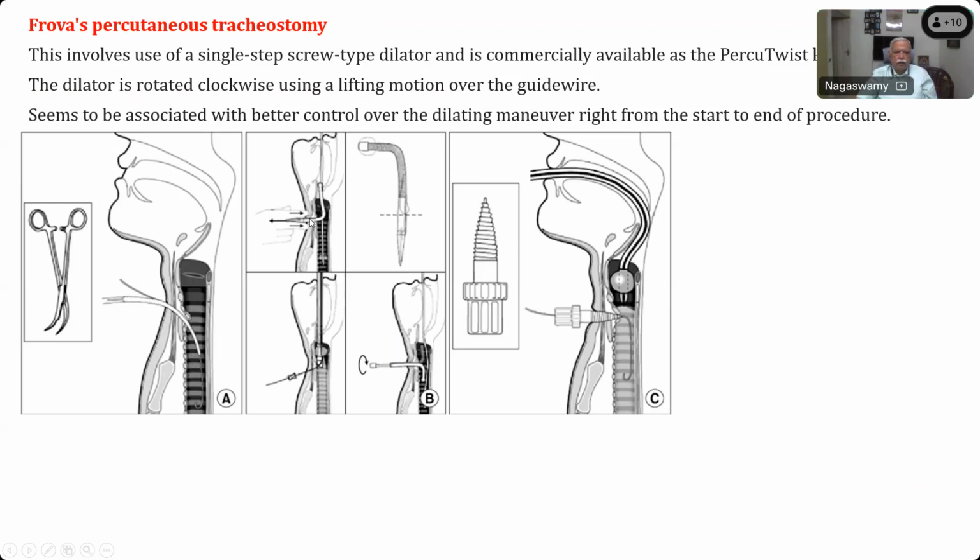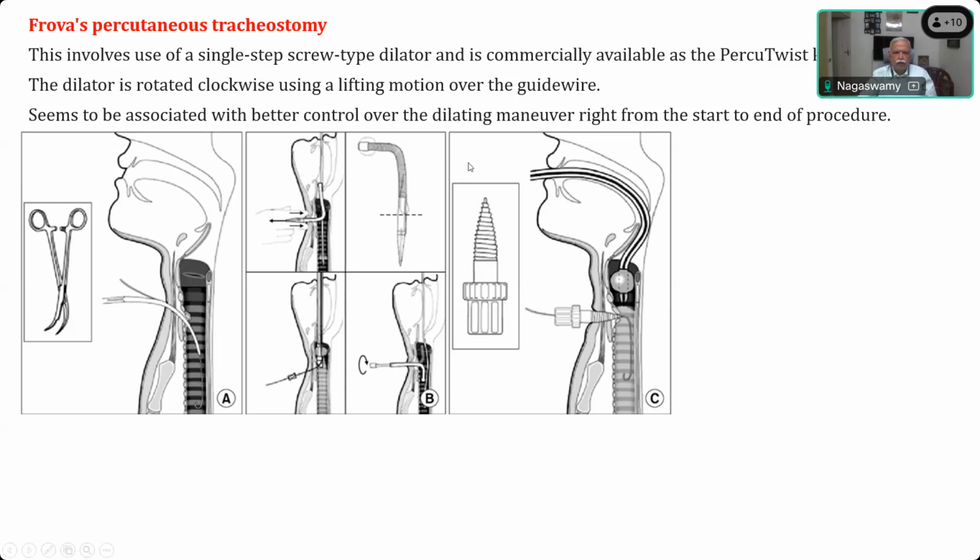So you put the cannula and then introduce the guide wire towards the mouth, and then you attach the thin ET tube with the tracheostomy tube. Then once you come out, you pull out, and then finally the tracheostomy tube is here. You can see this. Of course, I don't think it's a very suitable method.